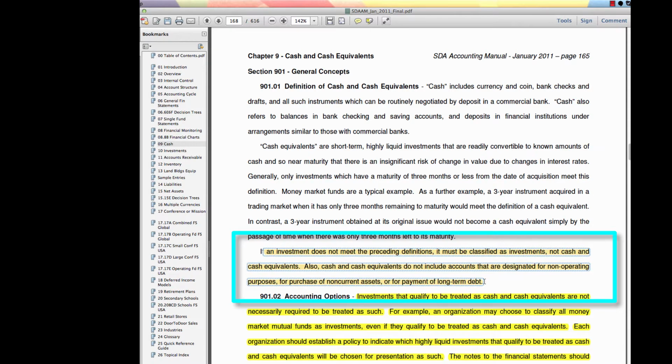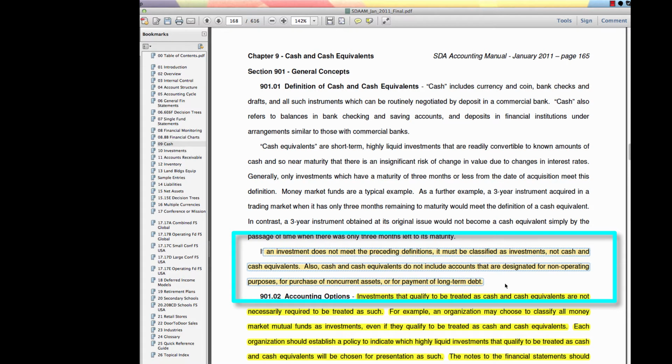So if you have a cash account in the plant fund, it is an investment, not a cash equivalent. If you have a cash account in the operating fund, but the purpose of it is a restricted donation to one of these three things: non-operating purpose, to purchase a non-current asset or long-term debt, then it is not a cash equivalent.